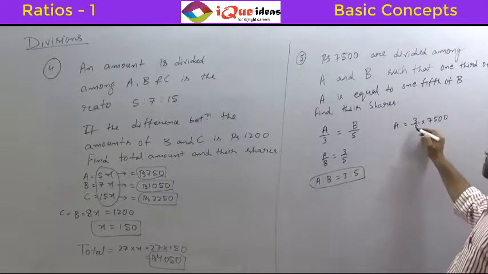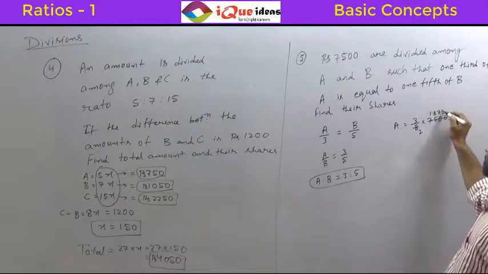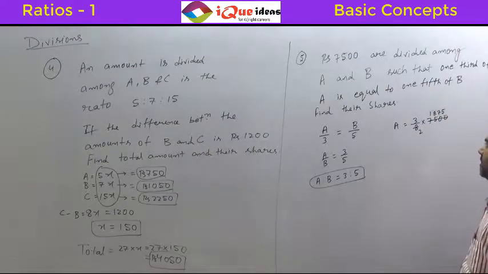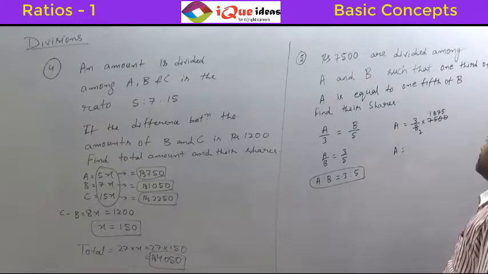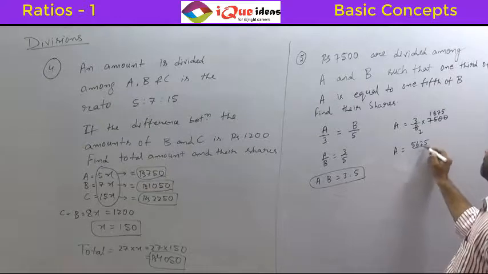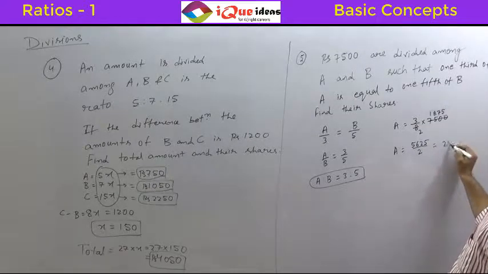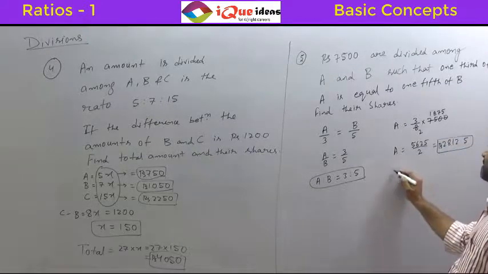Simplify as much as possible. So 4 2s are 1875. Okay, so simplify, you get A equal to 3 into 1875 by 2. So this is 5625 divided by 2. So we have 2812.5 rupees or 2812 rupees and 50 paise.